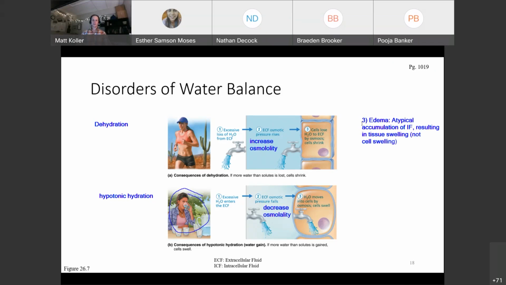So only the interstitial fluid volume is increased and not of other compartments. You may have actually seen this in most likely someone who's elderly.